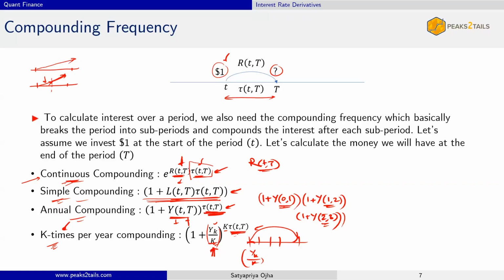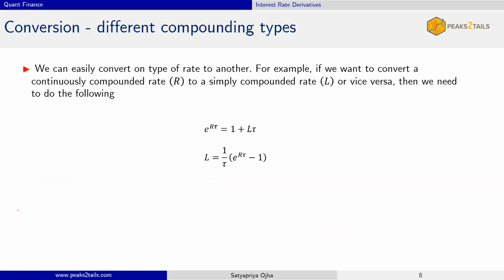Okay, so today we will use continuous compounding and simple compounding, and you can go back and forth between the two different rates. So that's the next topic. How do you perform the conversion between different compounding types?